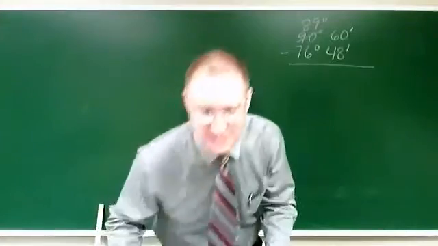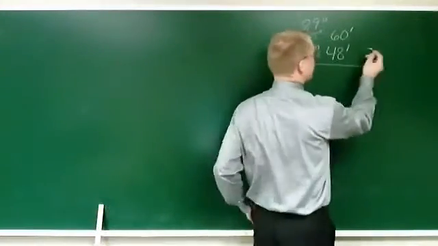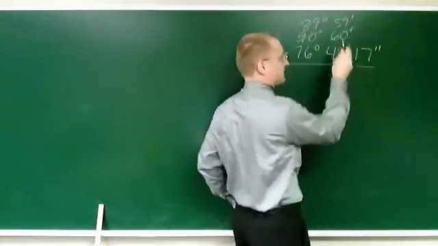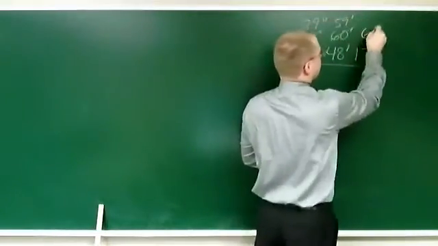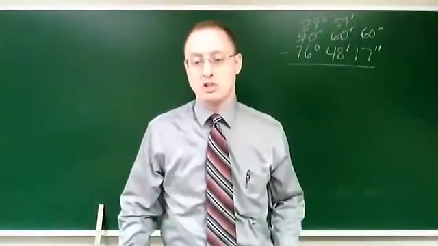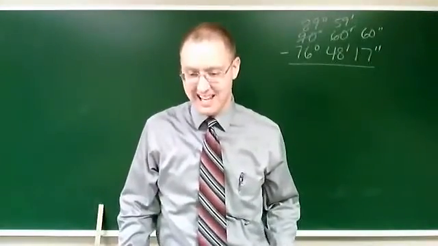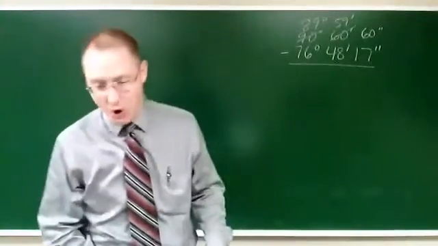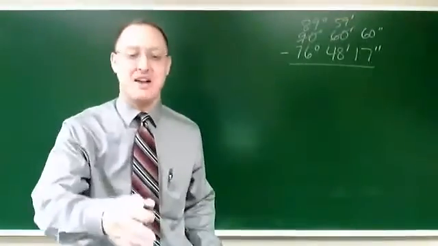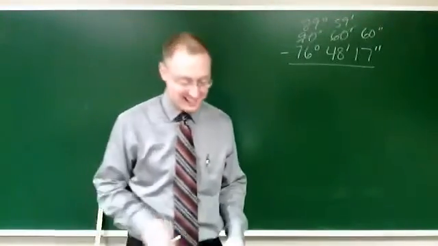I'm not sure what the 18 was there, Genesis, but seconds went for Genesis. So if I also had, say, 17 seconds, I could borrow 1 minute from the 60, get 59 minutes, that 1 minute becomes 60 seconds. If we're finding the supplement, we would subtract from 180, but you got the last one, Genesis, so no point. 180. That's where the 18 came from. You were poised and ready for supplement.